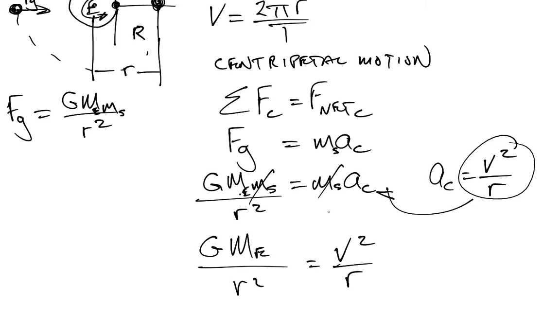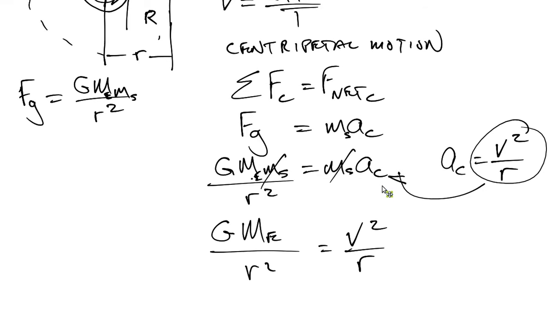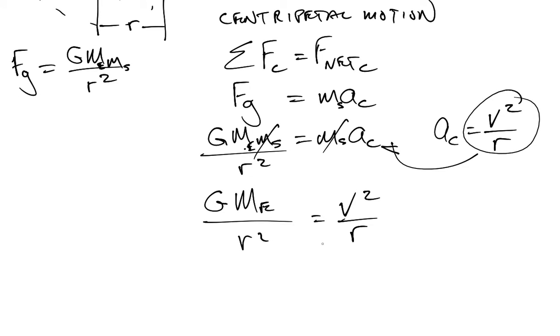have I done this correctly? Yeah. If we multiply both sides by r, this r cancels this r, and this r is going to cancel that.